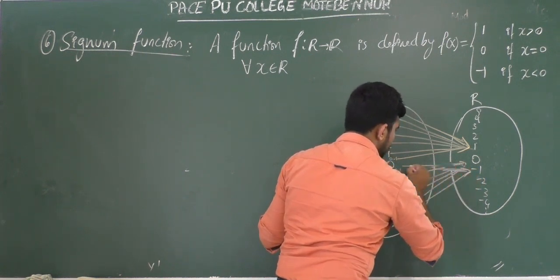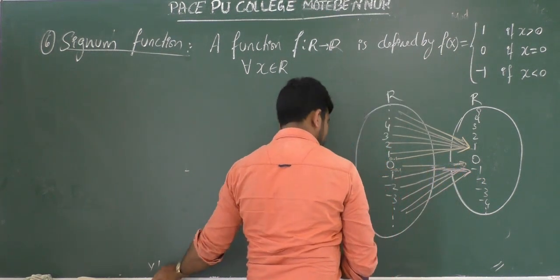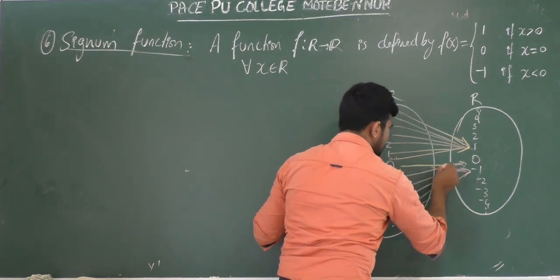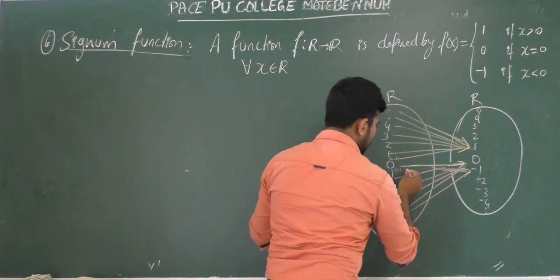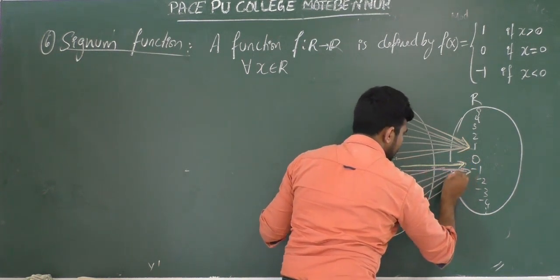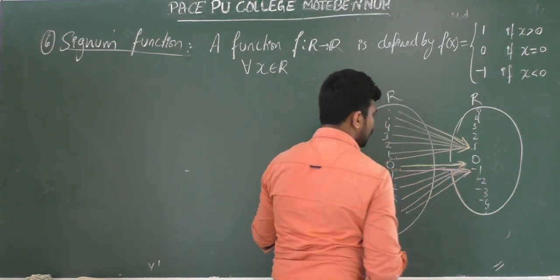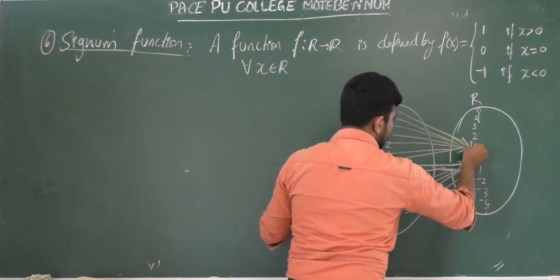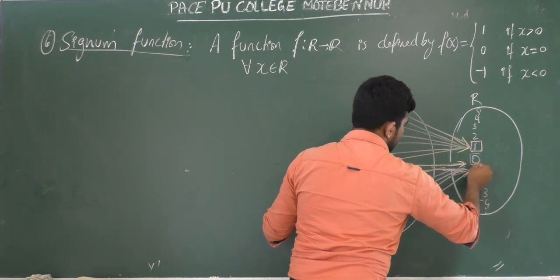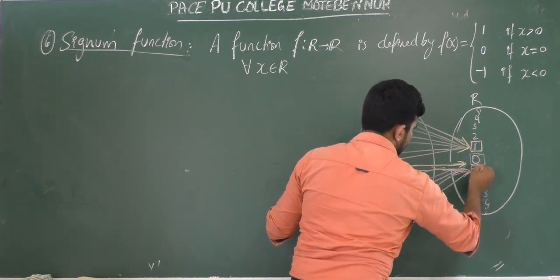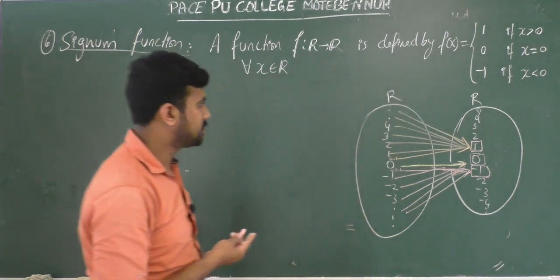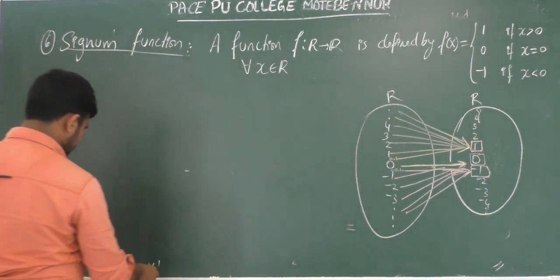Okay. Image of 0 is here. Image of 0 is 0. Image of any negative real number is that is minus 1. Okay, so only 3 image elements are there, that is 1, 0, minus 1. Okay, see. That we'll see in graph.